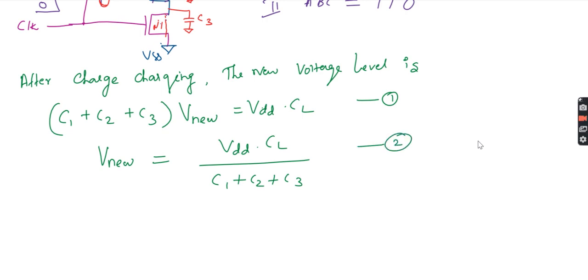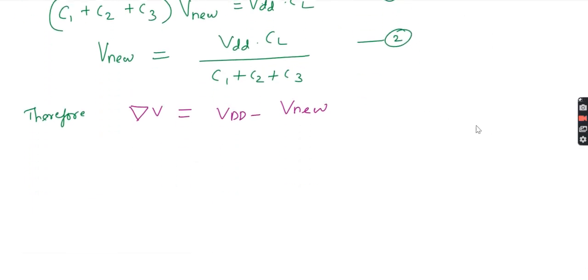I consider this equation number 2. Therefore we need to know the change in voltage. The change of voltage, that is del V, is nothing but VDD minus V new. How much is the change in voltage? That is del V actually.